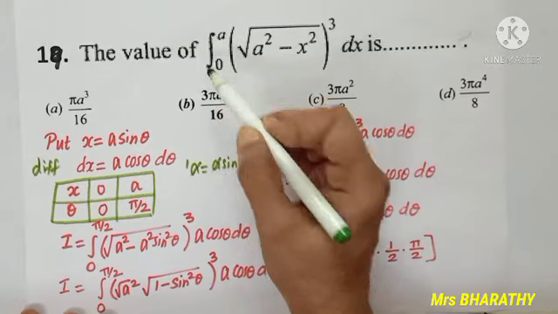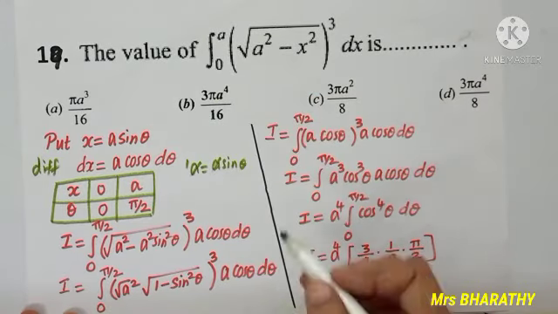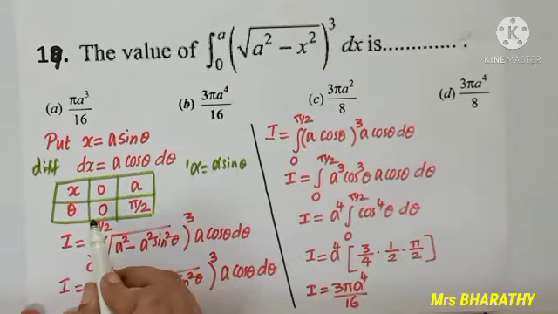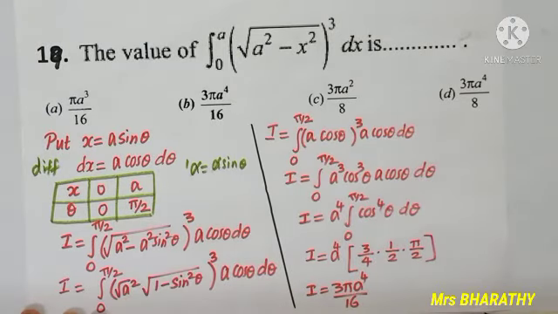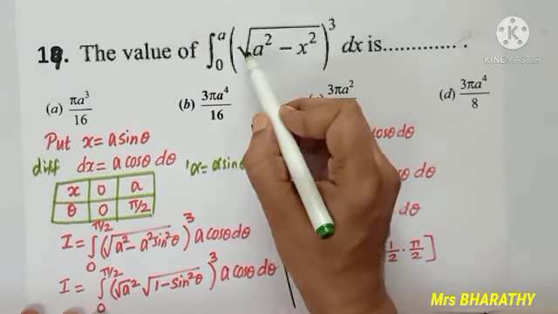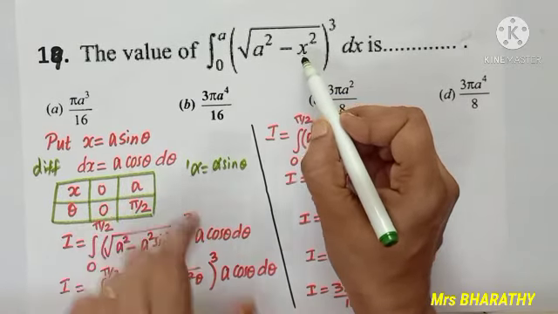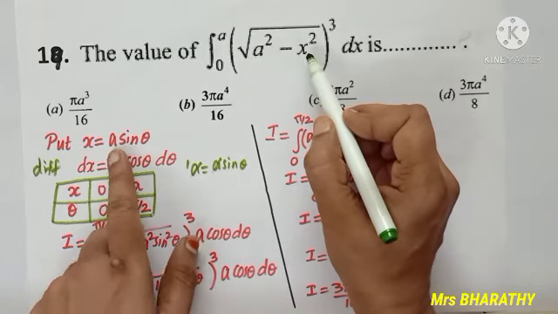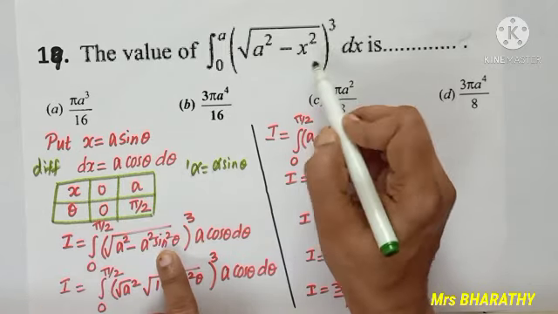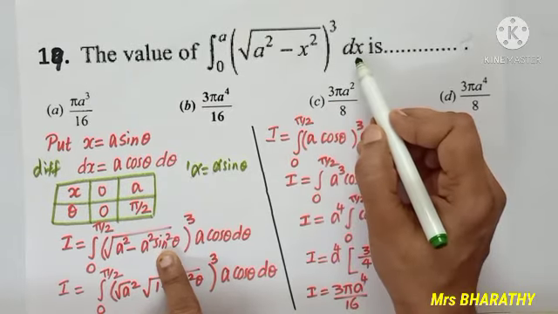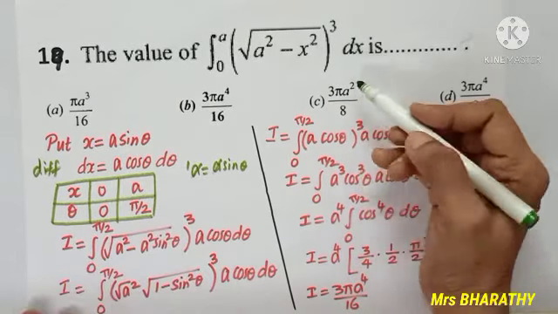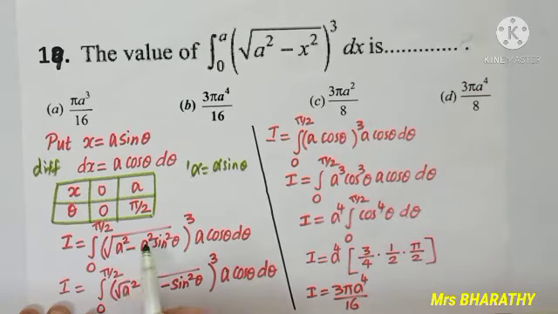So the given problem reduces to integral 0 to pi by 2. Root of a square minus, in the place of x I put a sin theta, x square is a square sin square theta, the whole power 3, dx is a cos theta d theta. Here, taking a square out of the square root, inside the root we have 1 minus sin square, which is cos square.